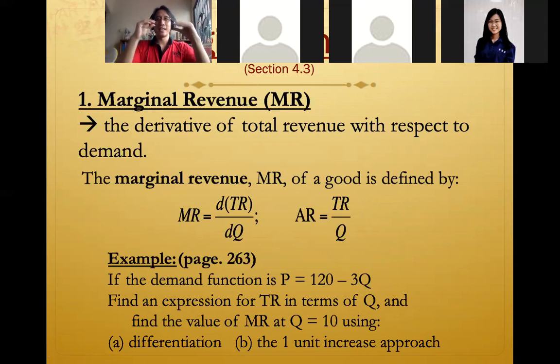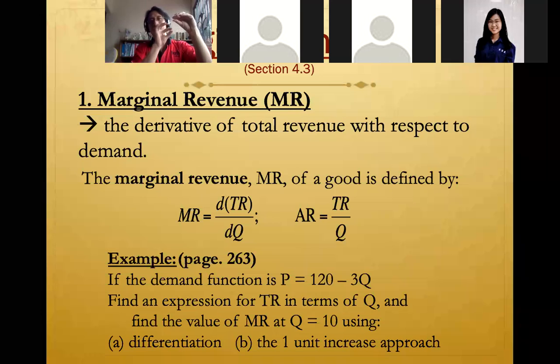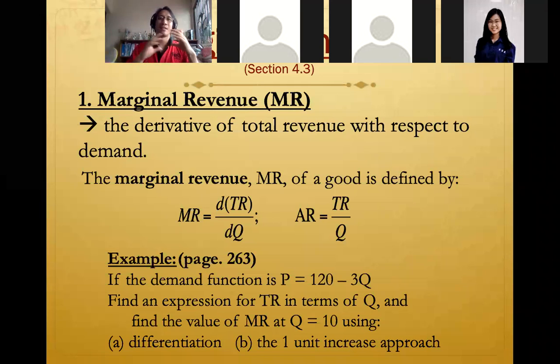If there is an equation and there is some variable change, dy by dx, the y function changes because of the x variable change, then what happened with the y function? That's called differentiation. In mathematics of economic and business, this is called marginal.